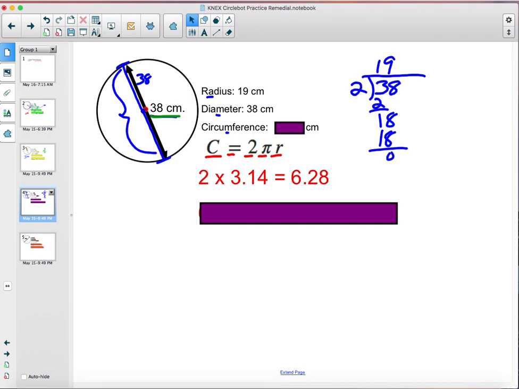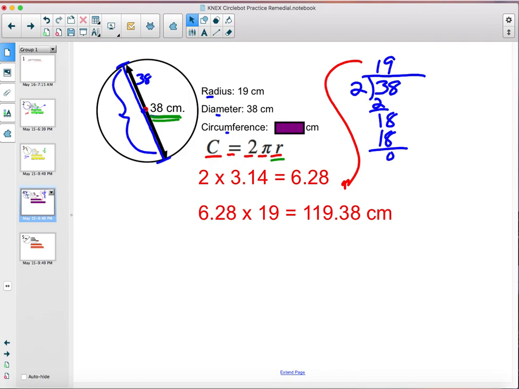Now remember, we found the radius of 19, so we're going to use 19 in that part of our process. So we have 6.28 times 19, which gives us 119.32 centimeters for the circumference.